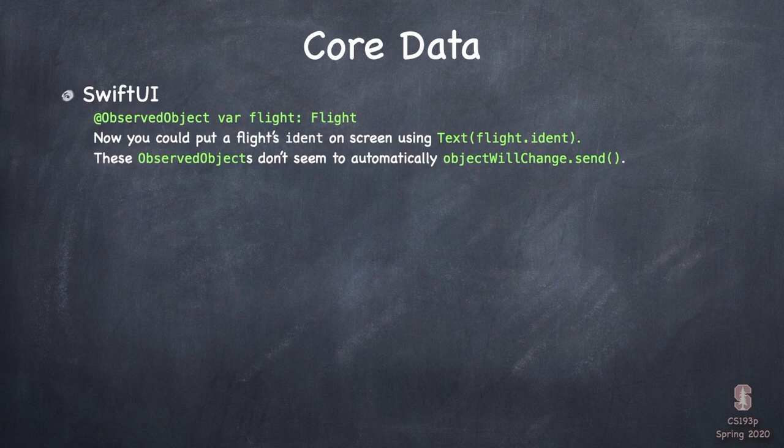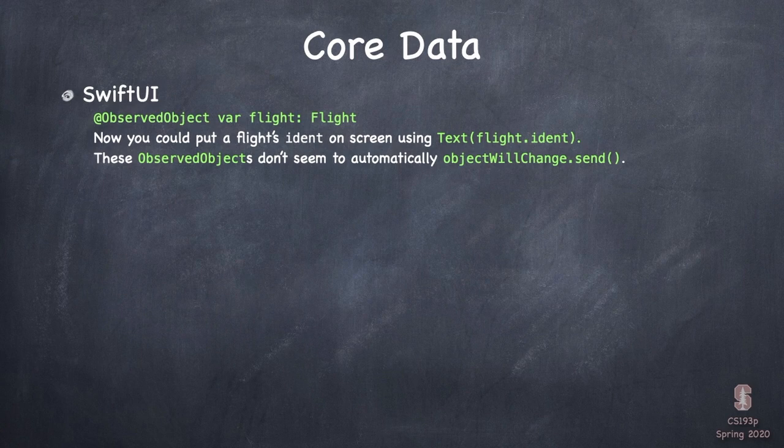Now, what about the integration of all this stuff with SwiftUI? Well, there are two major points of integration we talked about. One is this ObservedObject. When you have a flight as a var in one of your SwiftUI views, it's going to be an @ObservedObject. You can then use it to do something like Text(flight.ident) and just show the ident of the flight, whatever you want to do. It's just an object.